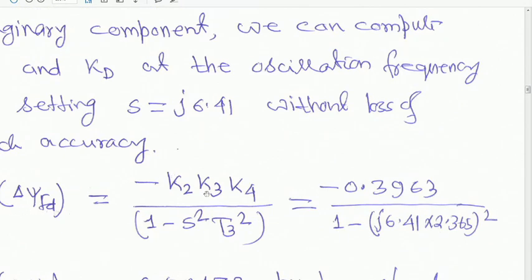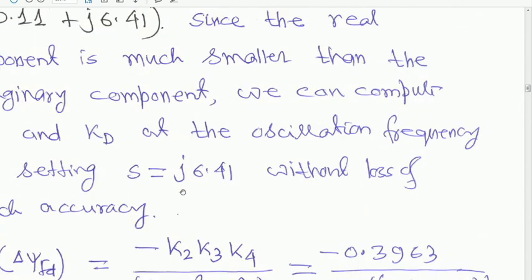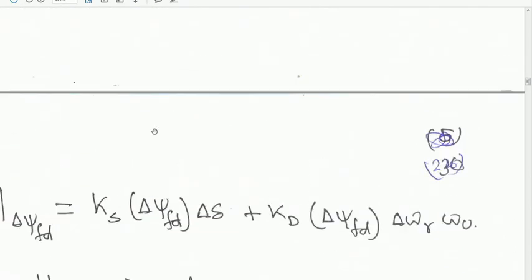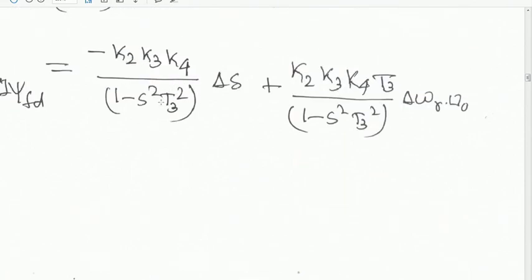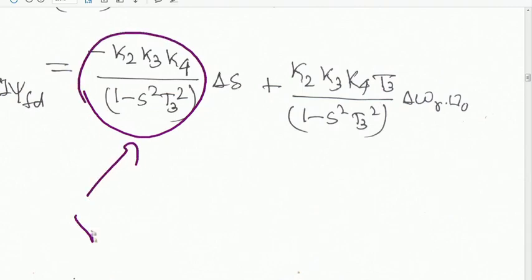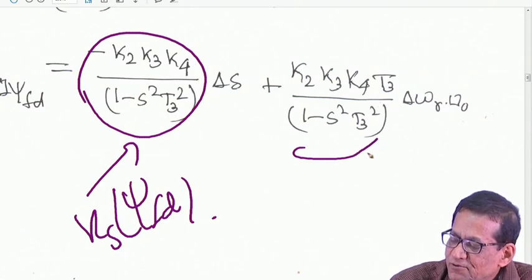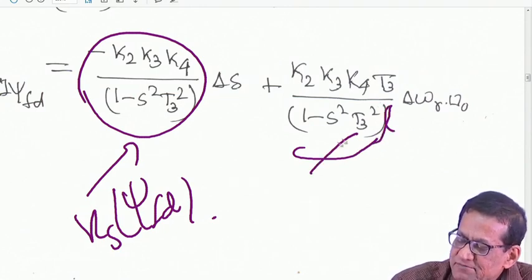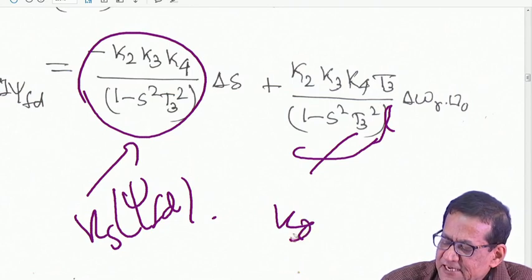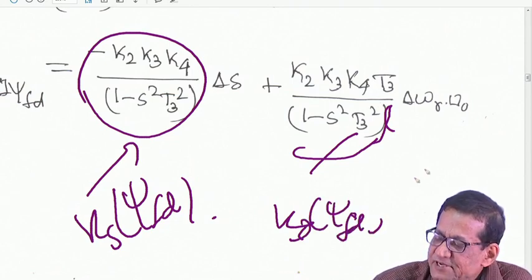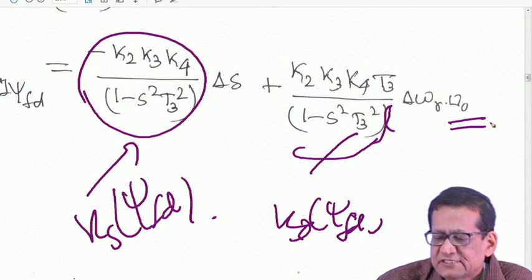K s delta psi f d has been defined as minus K2 K3 K4 upon 1 minus a square T3 square. This is actually K s due to delta psi f d into delta delta. Later we will see the other term is K d delta psi f d, and the omega 0 term is also there, that is constant.